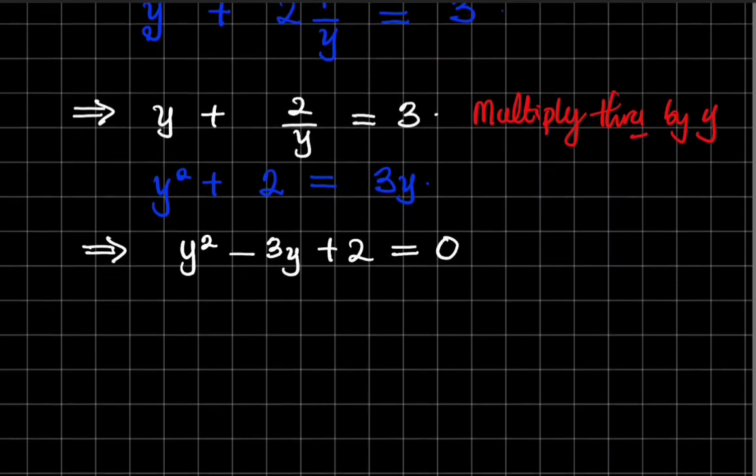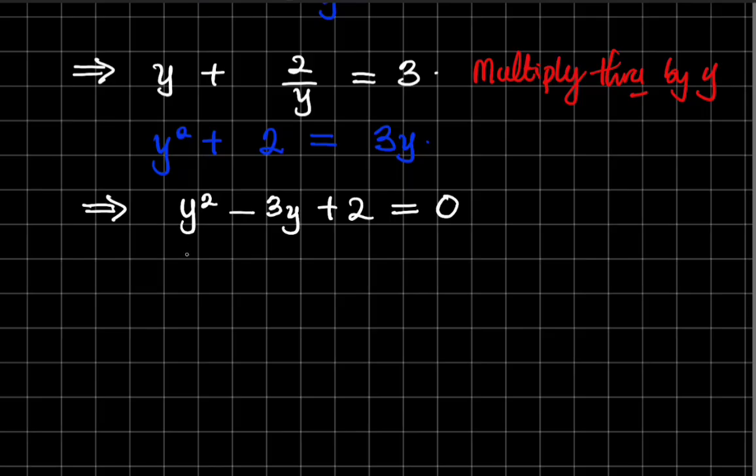Now, if we factorize this here, y will be the two numbers that can be multiplied to give us 2, but added to give us minus 3. And that is minus 2 and minus 1.